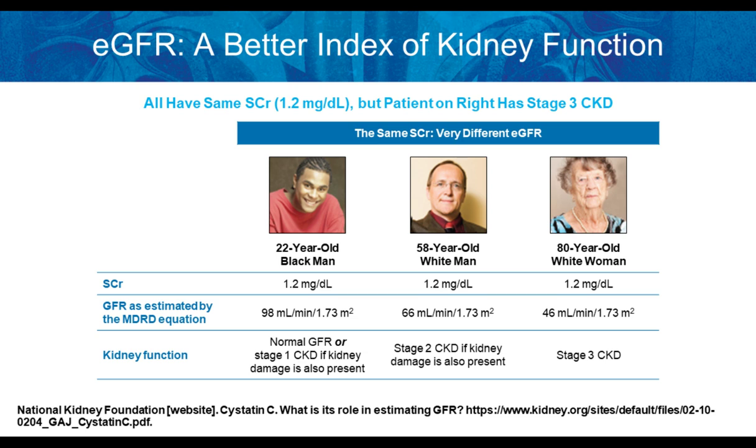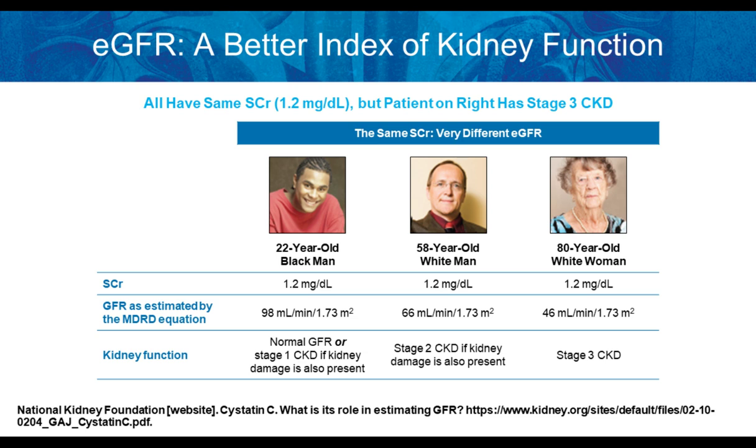And the reason this is important, as this example shows us, is a serum creatinine of 1.2, for example, can mean many different things in terms of GFR, depending on who the patient is. For a young, healthy African-American male, a creatinine of 1.2 correlates to an eGFR of 98. He's doing well.